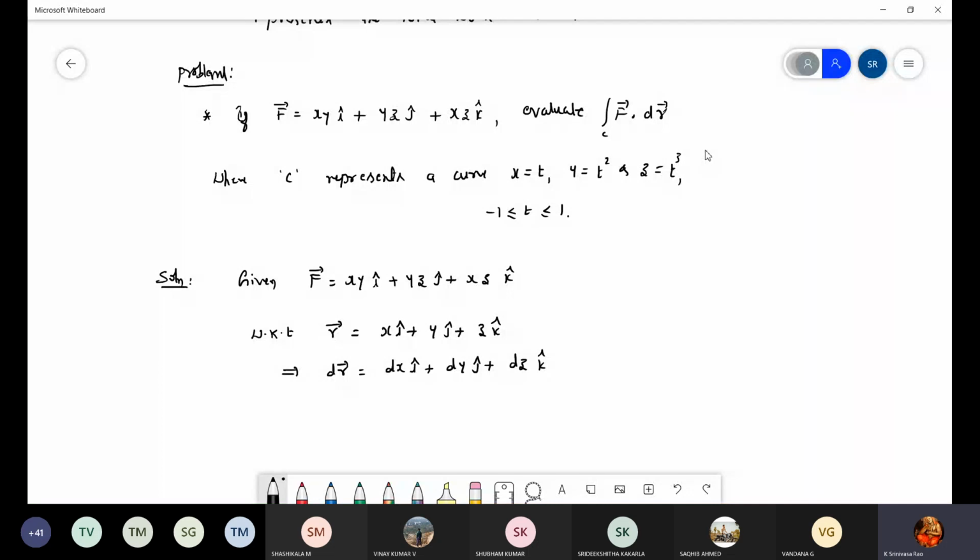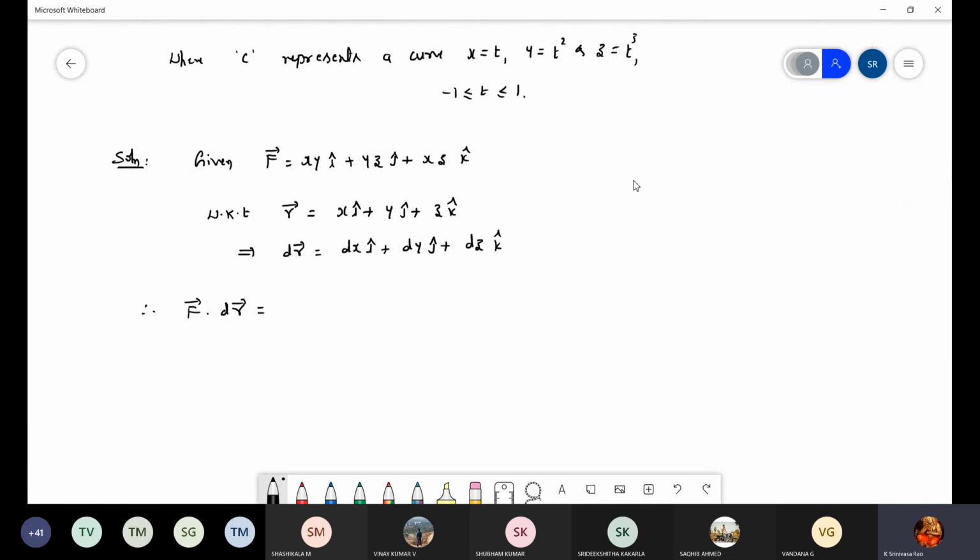Now calculate F dot dr. Therefore, F dot dr equals, just substitute F and dr with a dot product: xy i cap plus yz j cap plus xz k cap dot dx i cap plus dy j cap plus dz k cap.